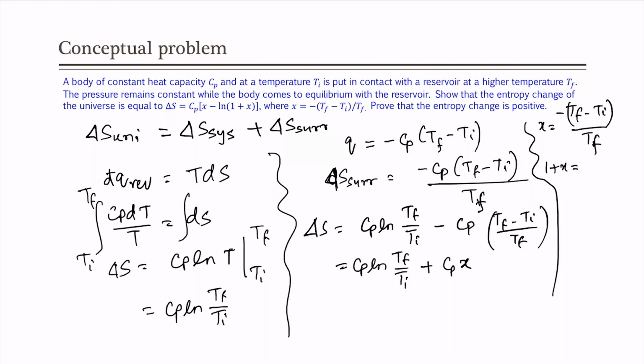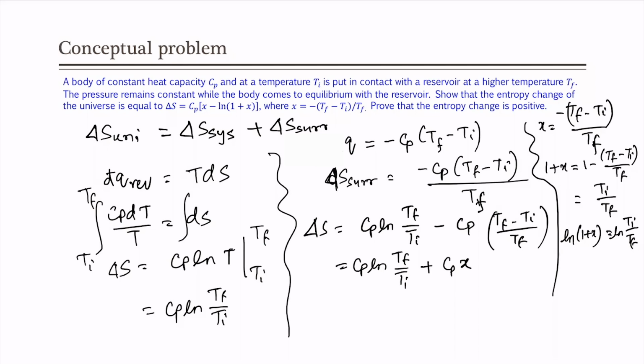So, 1 plus x will be 1 plus (Tf minus Ti) by Ti, which will give us Tf by Ti. Now, ln of 1 plus x will be ln of Tf by Ti.